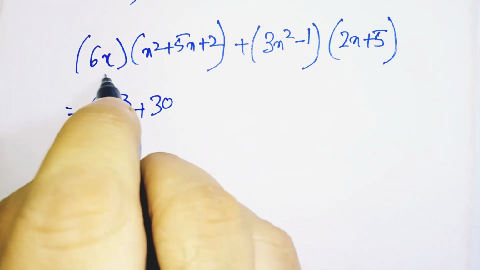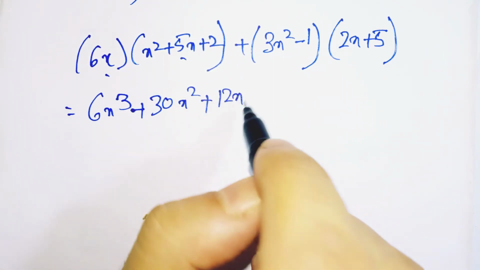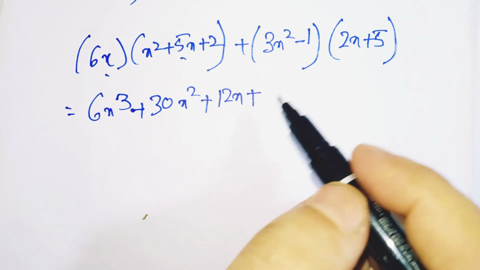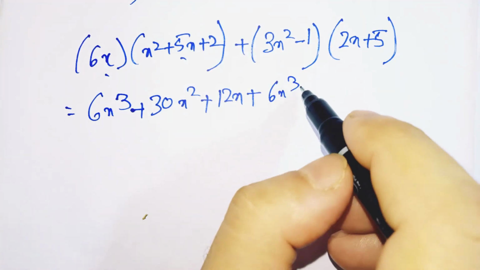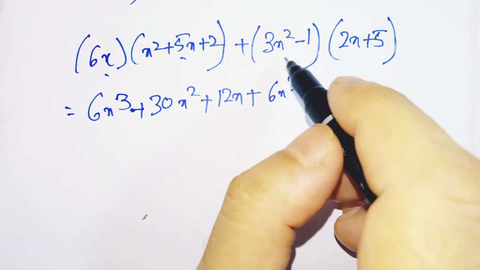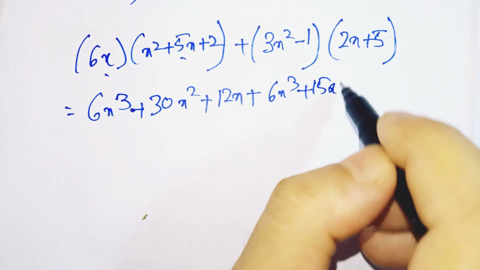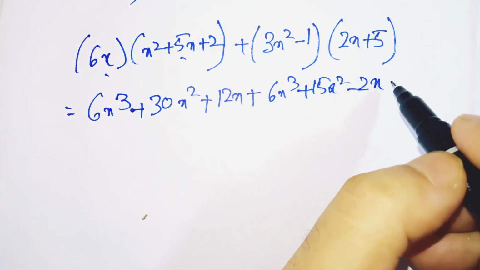then 30x² plus 12x, plus what we get is, these two terms, 6x³ plus 15x², minus 2x and minus 5.